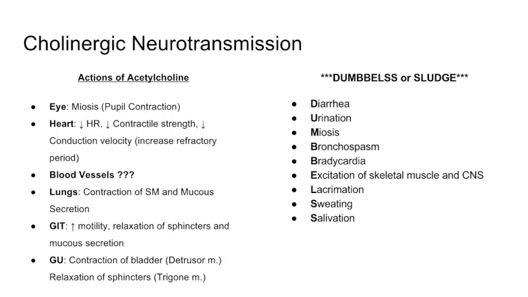So it will cause vasodilation, but you don't ever see that because you have cholinesterases and there is no cholinergic nerve. I left it as question marks because it's not something you'd be expected to know in this case. It doesn't really have any effects on the blood vessel because it's not innervated by a nerve.